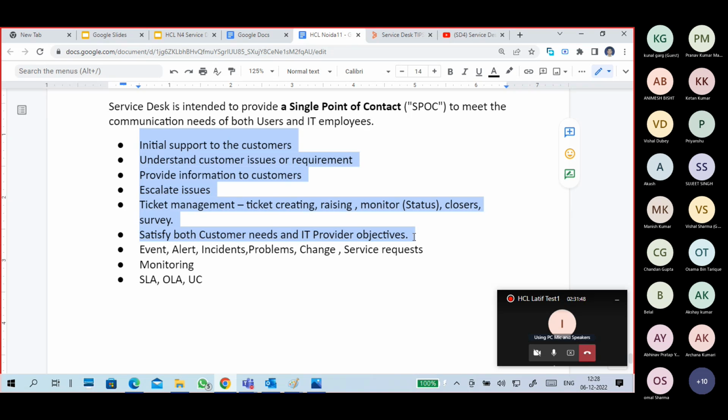Also, we should conduct surveys on whether the customer is satisfied, covering satisfaction of both the customers' requirements and the IT provider's objectives. These are the main points of the service desk.